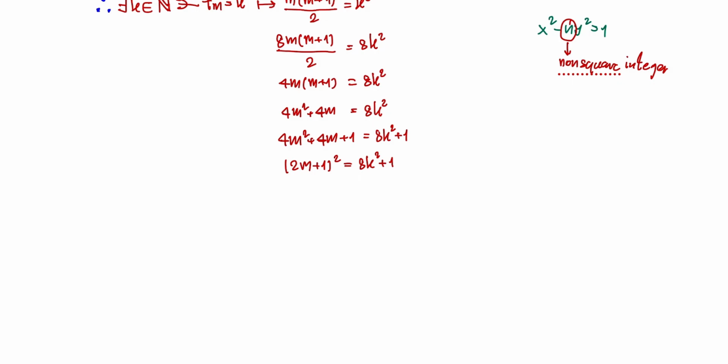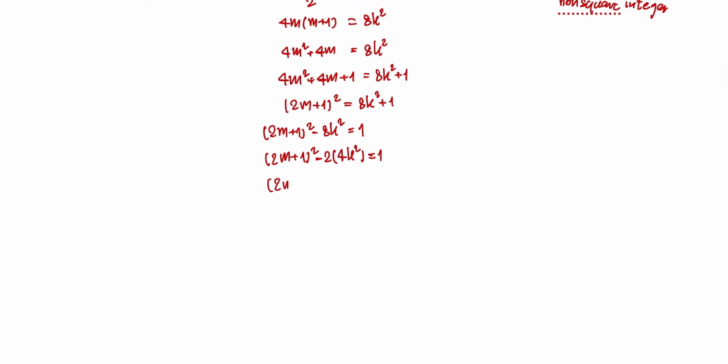It turns out to be (2m plus 1) squared minus 8k squared equals 1. And then it turns out to be (2m plus 1) squared minus 2 times 4k squared, and 4k squared we can write as (2k) squared, equals 1. This is minus.